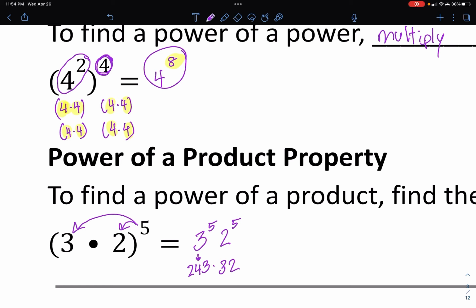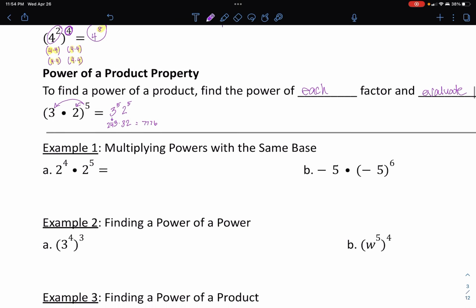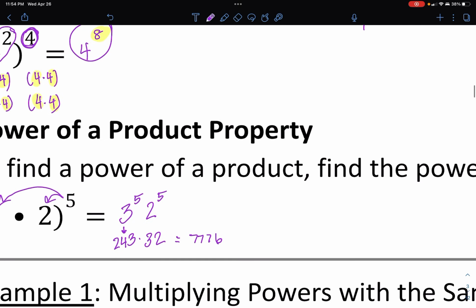Now I have to do 32 times 243, and if you multiply these two numbers out, you get 7,776. Of course, you will be allowed a calculator anytime you're dealing with large numbers like this. However, when you're dealing with smaller numbers, it's probably faster if you don't use a calculator.